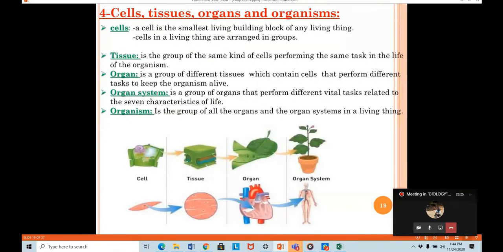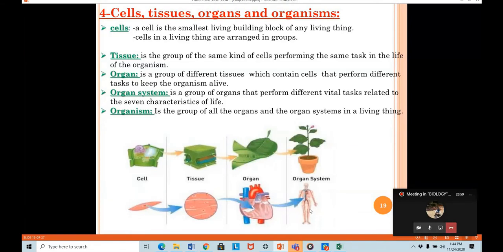Okay, ladies, now let's move on to our next topic, which is cells, tissues, organs, and organisms. These are the levels of organization which we already studied. If it is an animal, this is how the cell combines to form a tissue, like epithelial tissue, and that tissue grows into an organ, and organs come together to form an organ system.